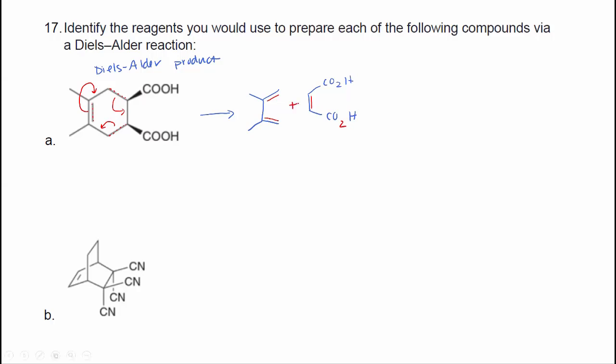All right, how about you try those arrows with B? Try it with B. So here we have a bridged carbon, which hopefully signals to you that we started with a cyclic diene.